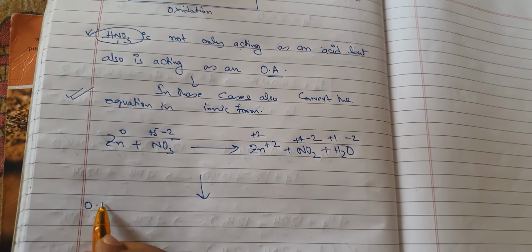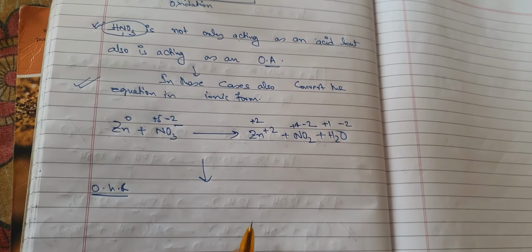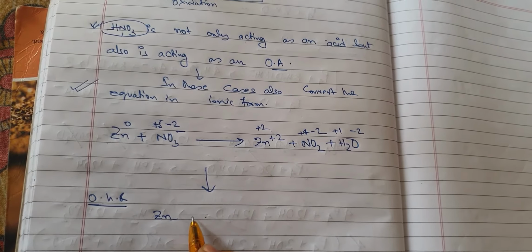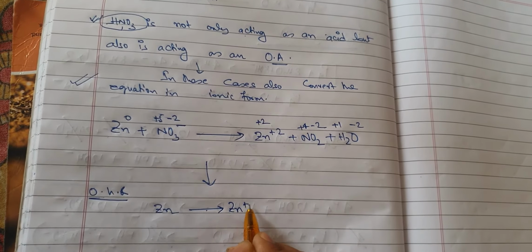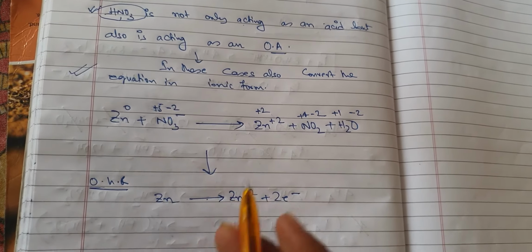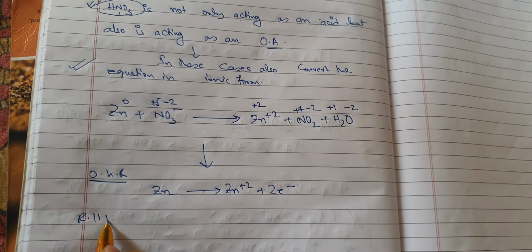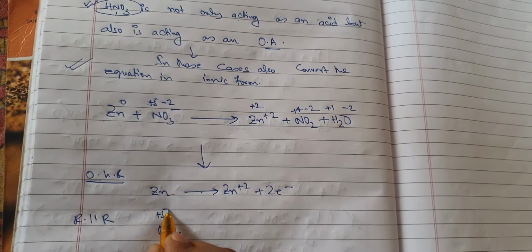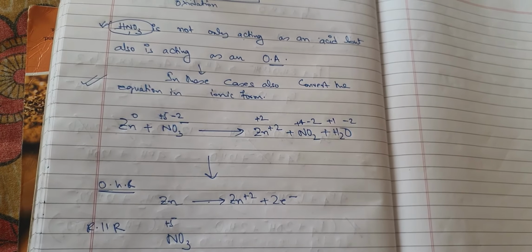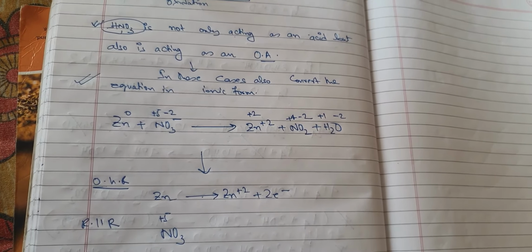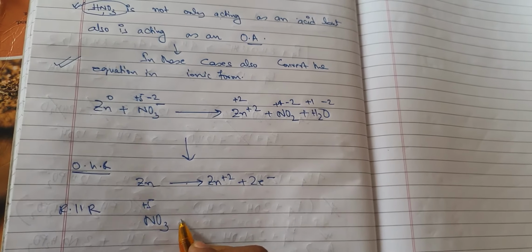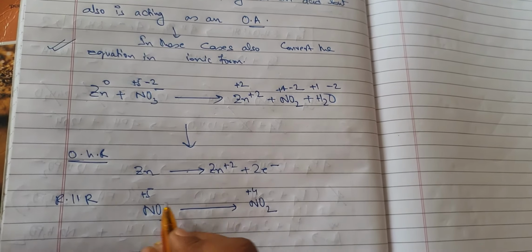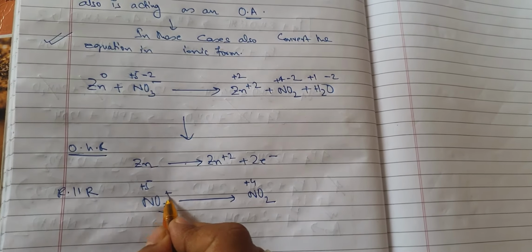Now you will write the oxidation half reaction and the reduction half reaction. So it is easy, right? Zn gives Zn plus 2, 2 electrons are released, no need to balance it. And the reduction half reaction: NO3 minus, plus 5, gives NO2, plus 4, so I think it accepts 1 electron.